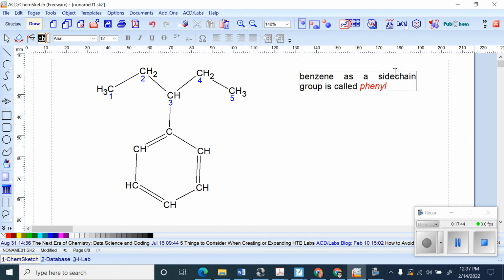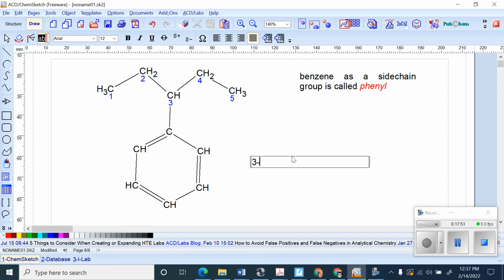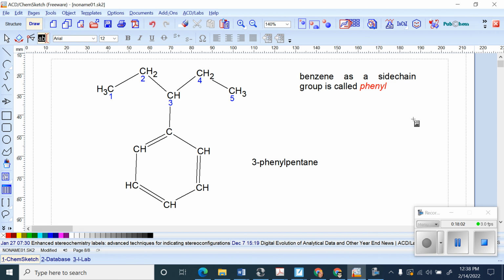So benzene as a side chain is called phenyl. Therefore, the name of this would become 3-phenyl pentane. Okay, so 3-phenyl pentane.